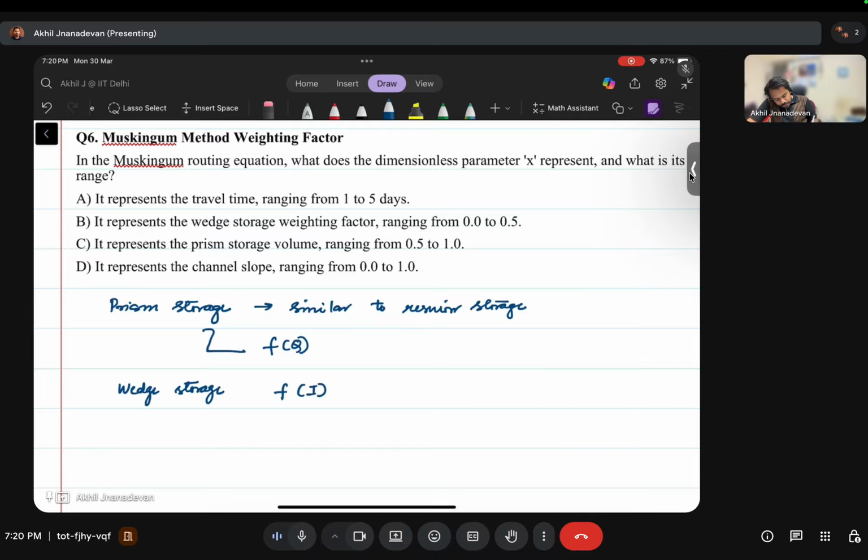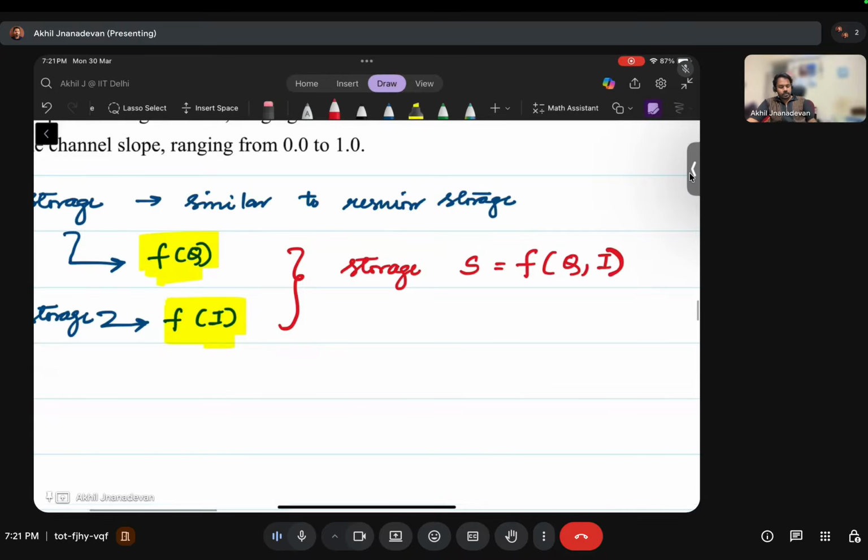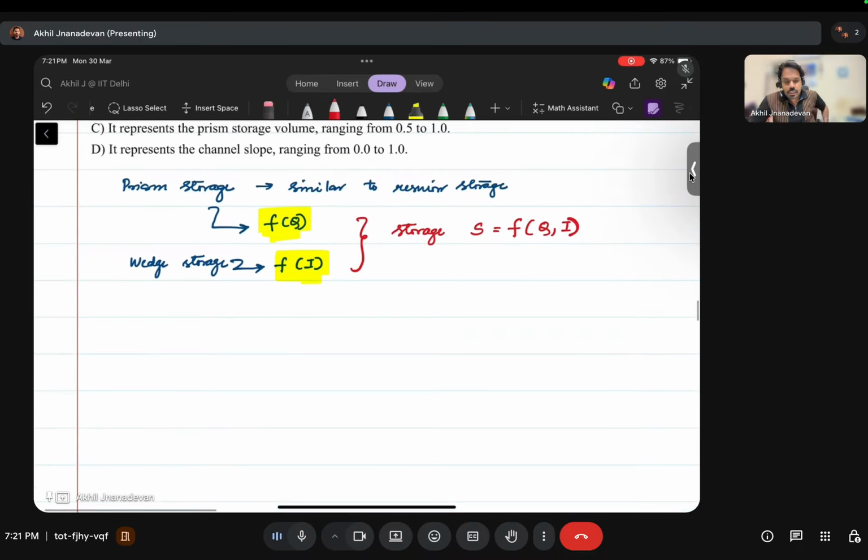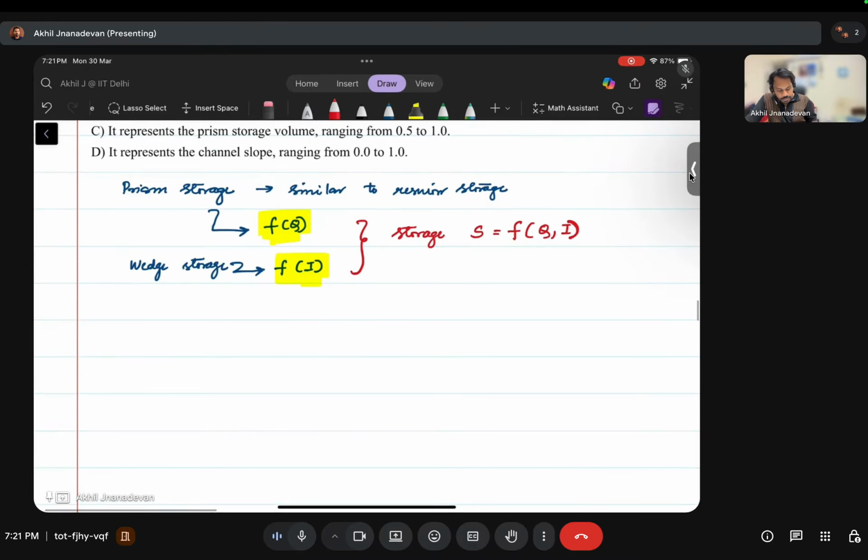So the prism storage is a function of Q and the wedge storage is a function of inflow. So basically, with these two things, we can say the storage is a function of both inflow and outflow. So this is what we saw in case of a river routing, right? We are saying storage as a function of both inflow and outflow. And if we consider these as a linear function, then there is a general expression for total storage.